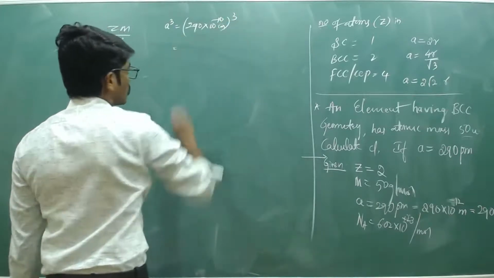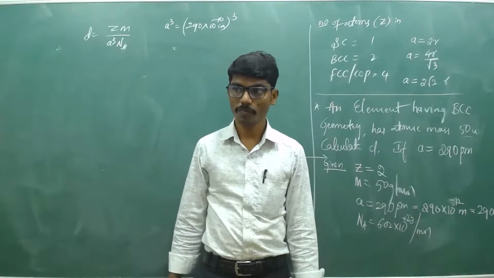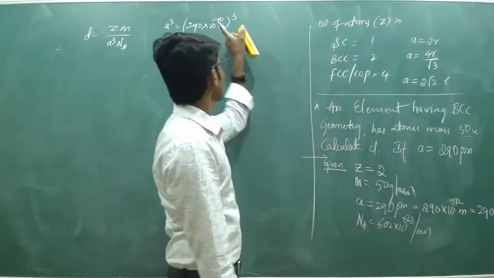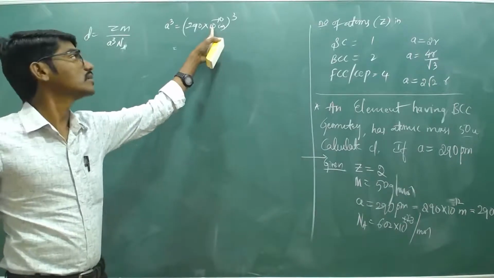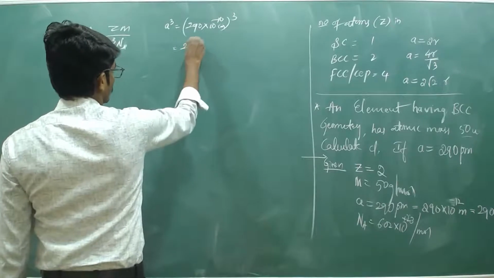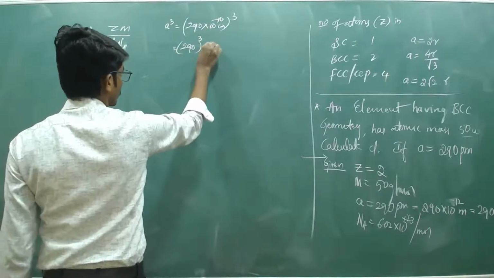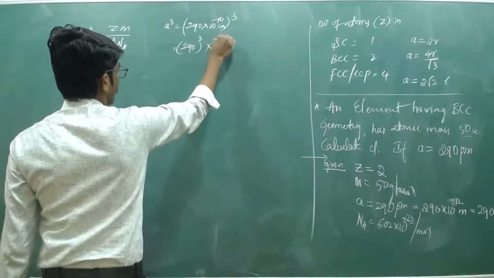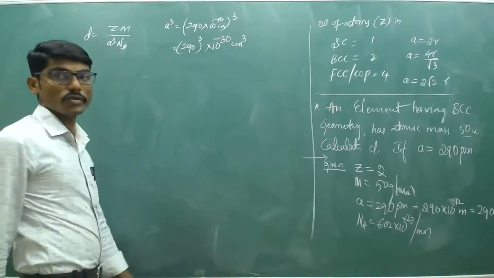So that is 290 into 290 into 290, into 10 to the power minus 30 centimeter cube. This is the a cube value.